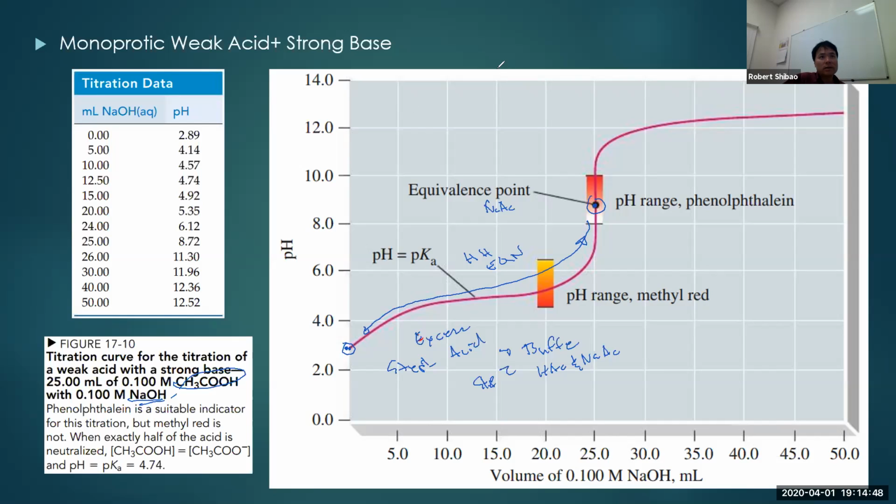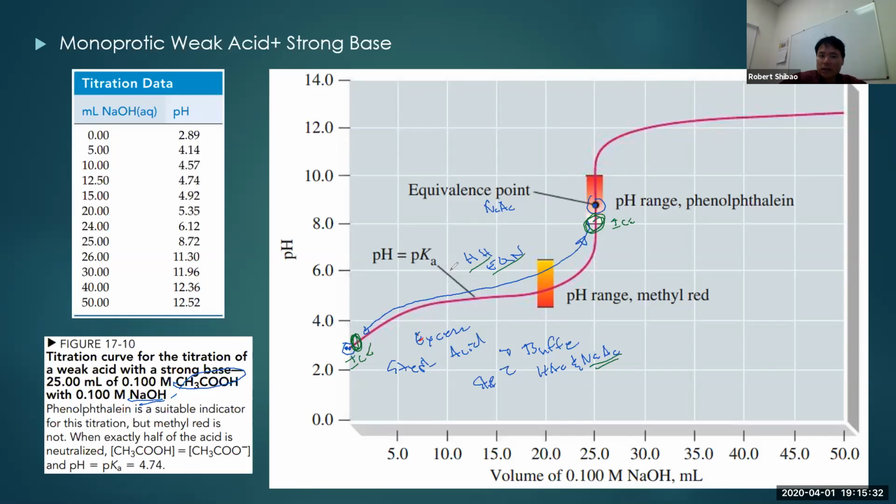We'll use the HH equation over almost the entire range, but as we get closer to the equivalence point, the amount of excess acid is minuscule. If the amount of excess acid is minuscule, it doesn't really act as a buffer. Or right at the beginning, at this extreme, it's all acid. The amount of conjugate base, that is the amount of product, is minuscule. So the amount of sodium acetate that we form is minuscule. It's primarily acetic acid. And so we'd have to use ICE at the extremes here, and we wouldn't use the HH equation here. We'd use ICE here.